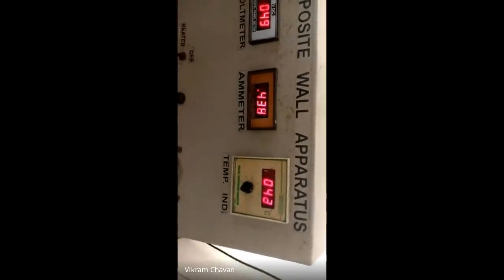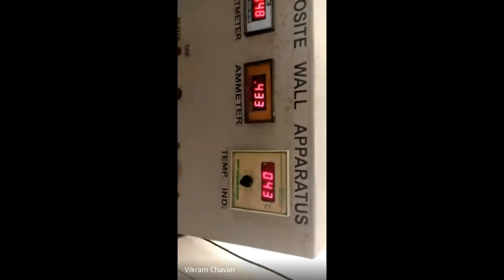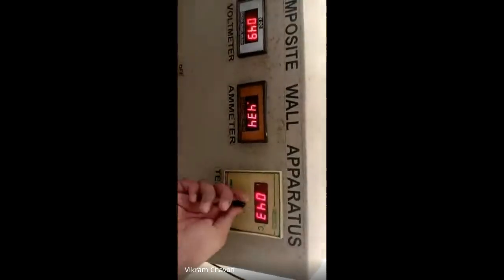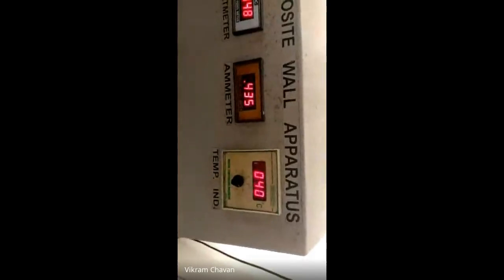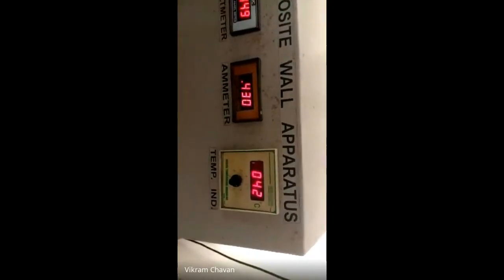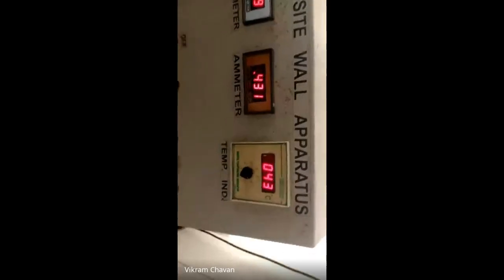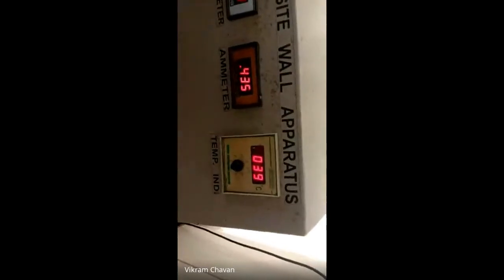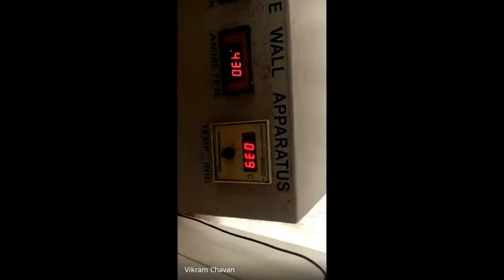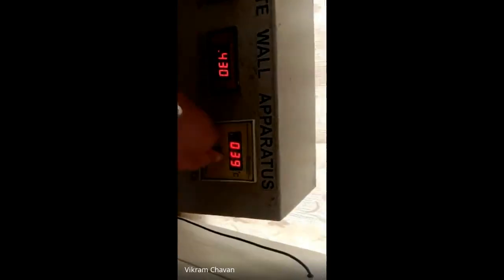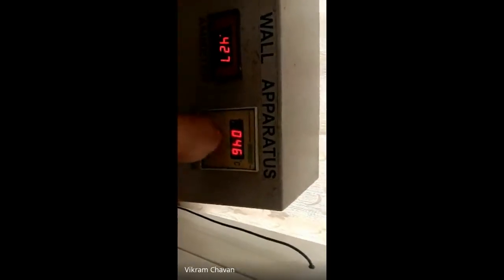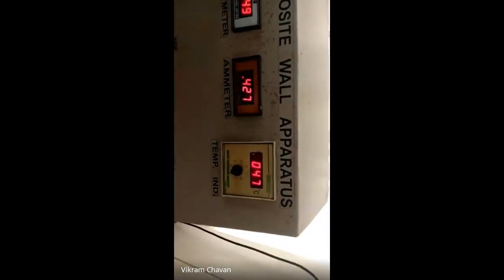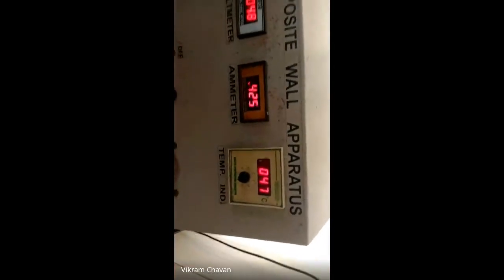T5 43. T6 also 43, same. And T7 39. Then T8.